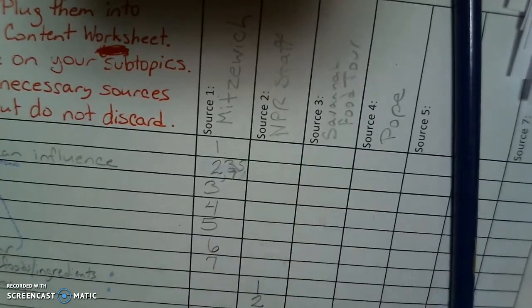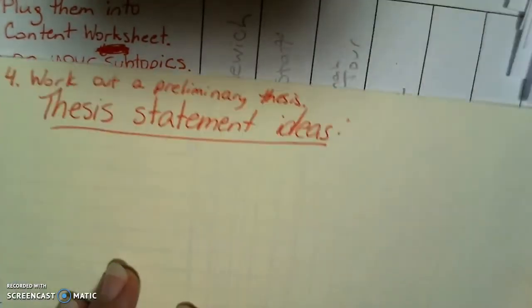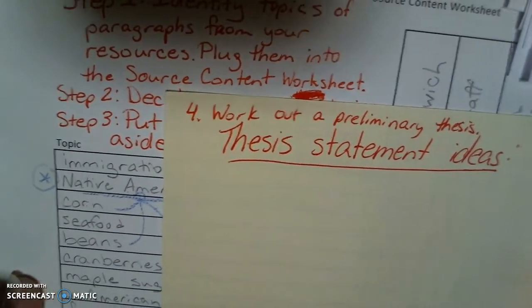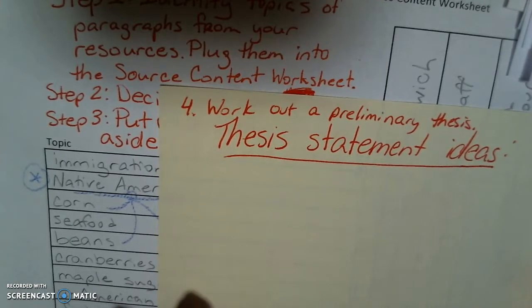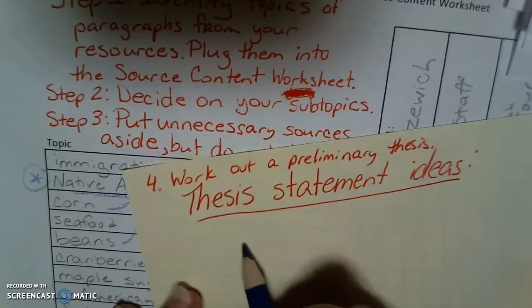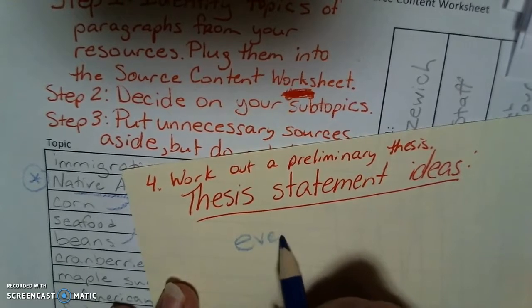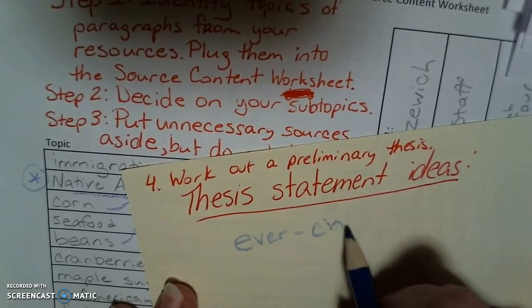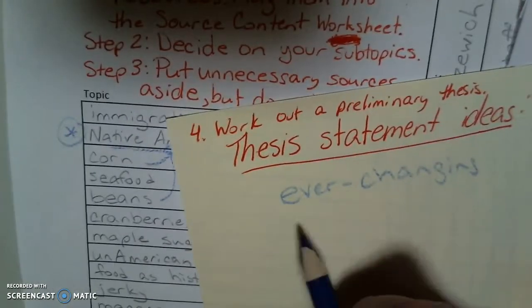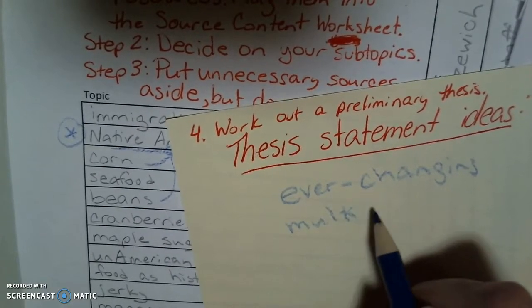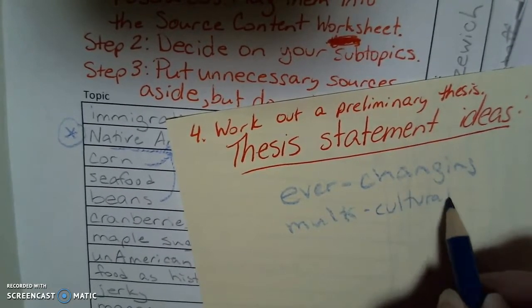From the topics that I have, I then want to look at working out a preliminary thesis statement. So based on the topics that I'm looking at, I'm going to start outlining an idea of what I want to do. I like the idea about things being ever-changing. Again, I'm getting that topic from the change here. I like the idea that it's multicultural.